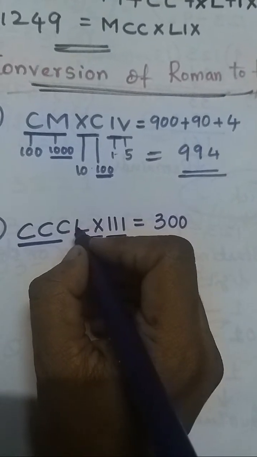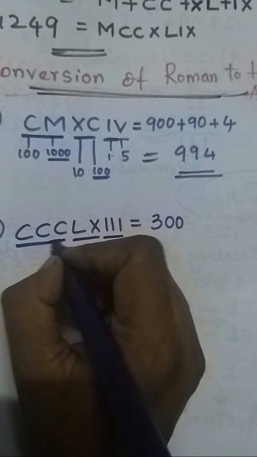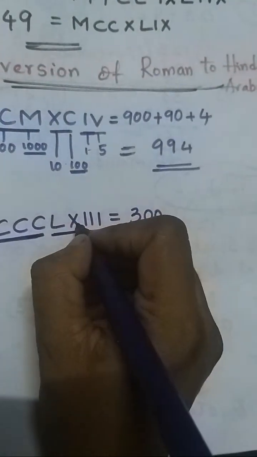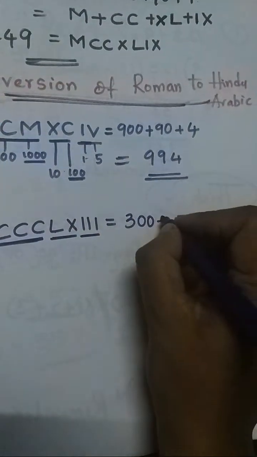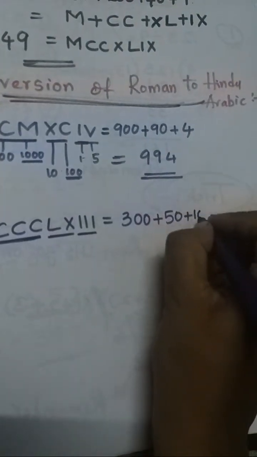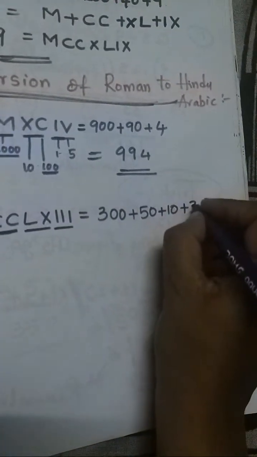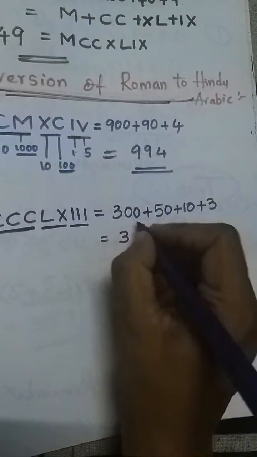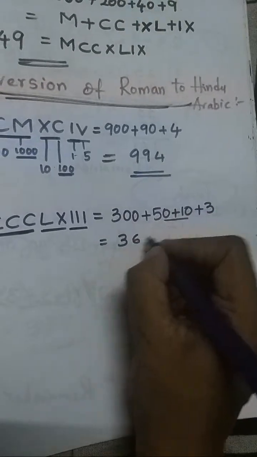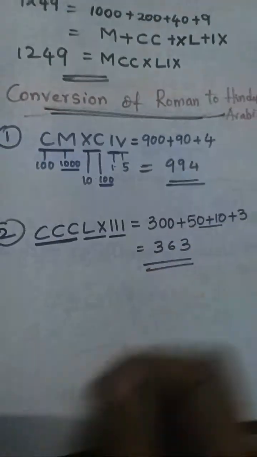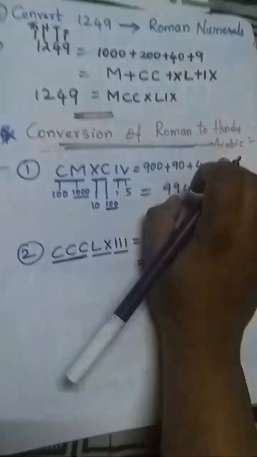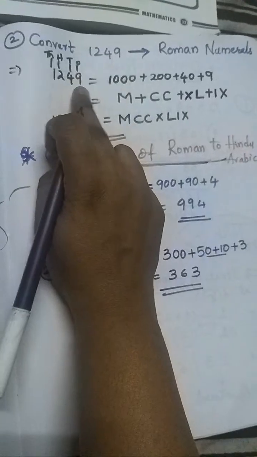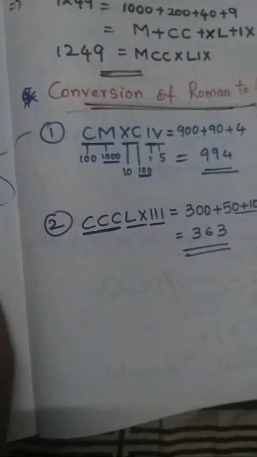LX means 50 plus 10, 50 plus 10 plus 3 we are writing here. Now 363. Like this, we have to convert Roman to Hindu Arabic and Hindu Arabic to Roman numerals. This way, we have to do the conversion.